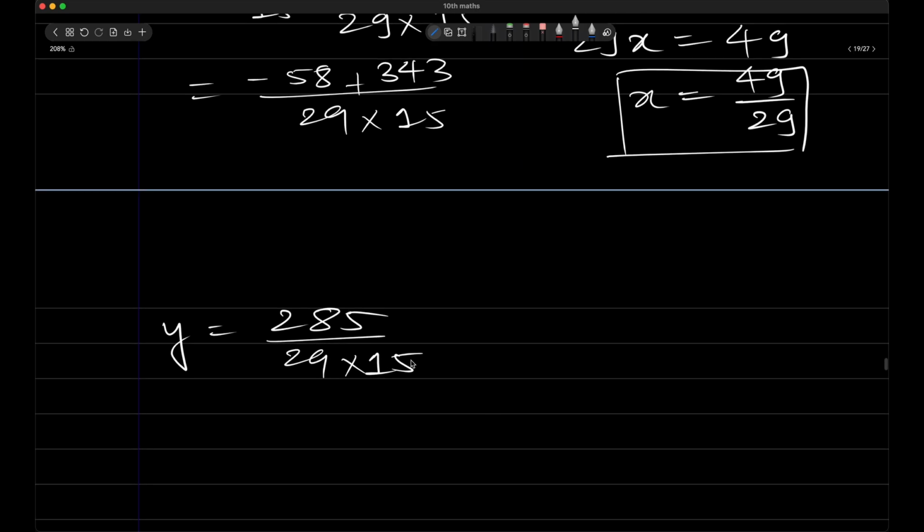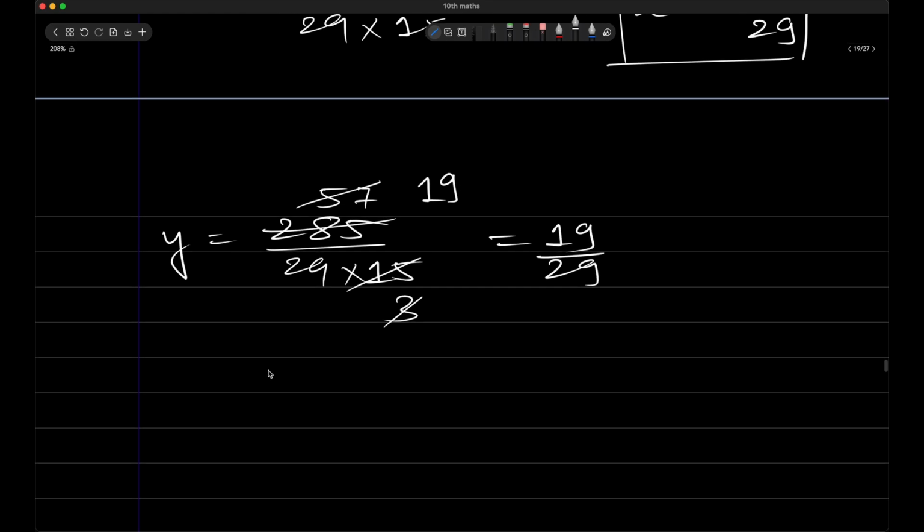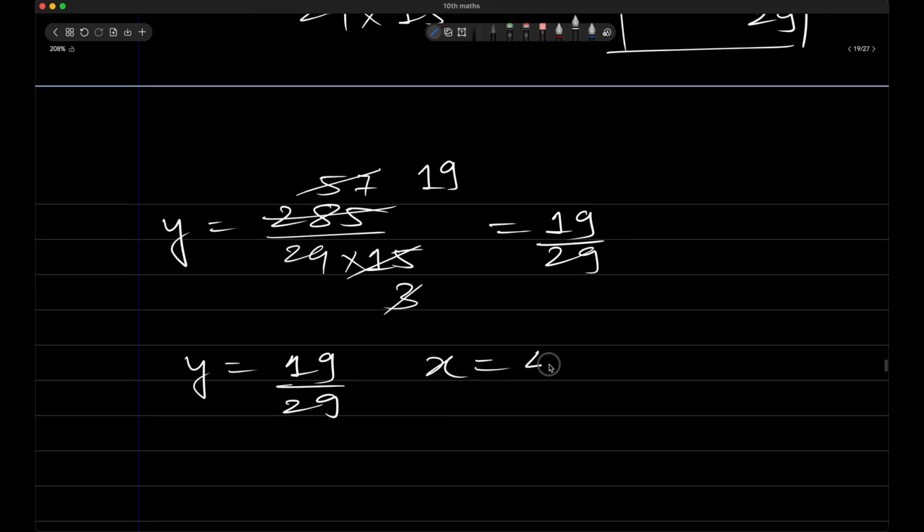Now if we divide, that is equals to 19 upon 29. So we have got the value of y equals to 19 upon 29 and the value of x equals to 49 upon 29.